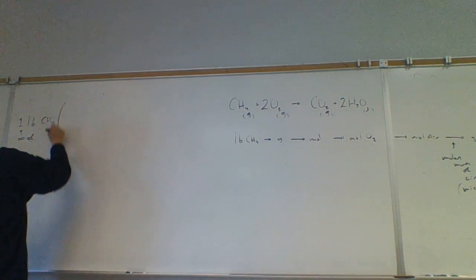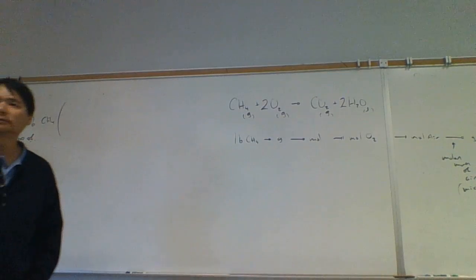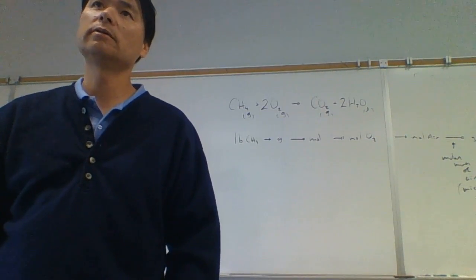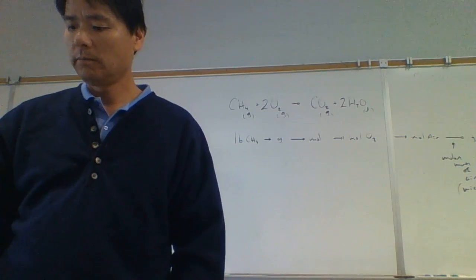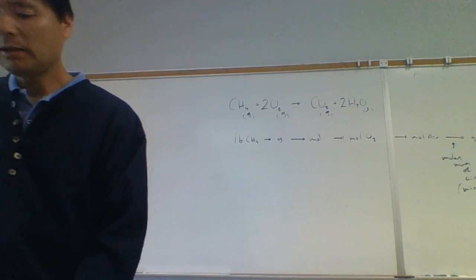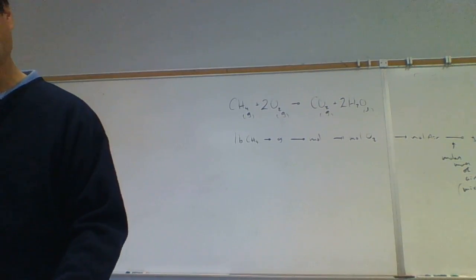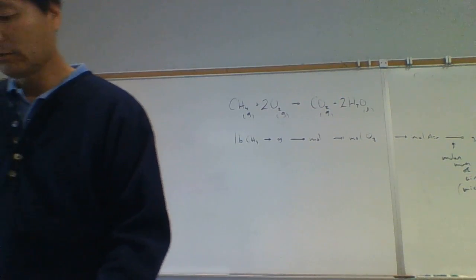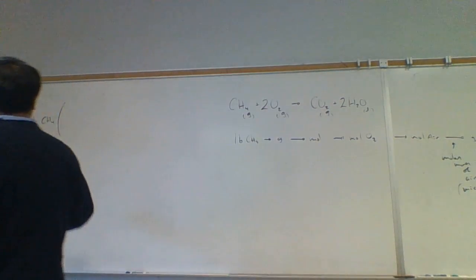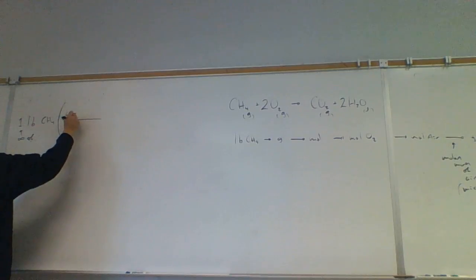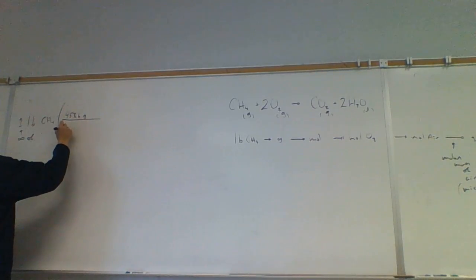And so then we need the conversion for pounds to grams. Do you guys recall what the pound to gram conversion is? It's 453.6. Your book says 454, I think, but we'll just go with 453.6 grams per pound.